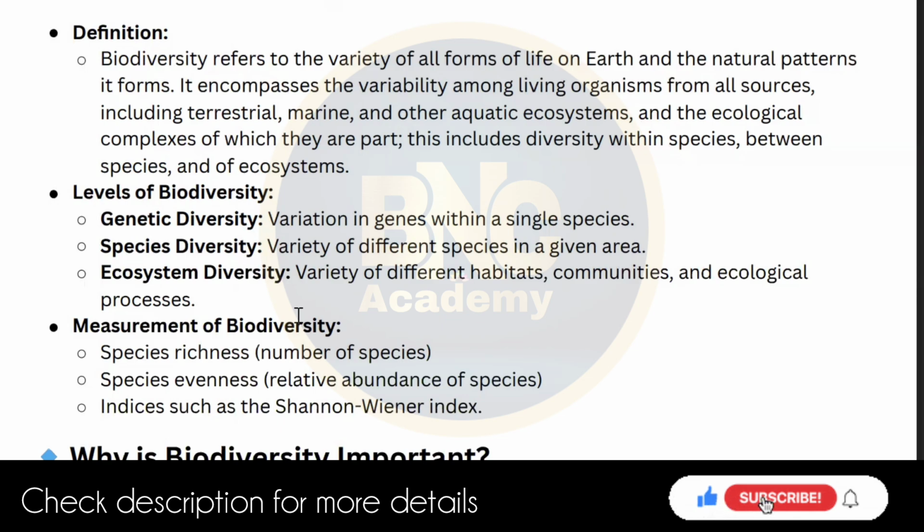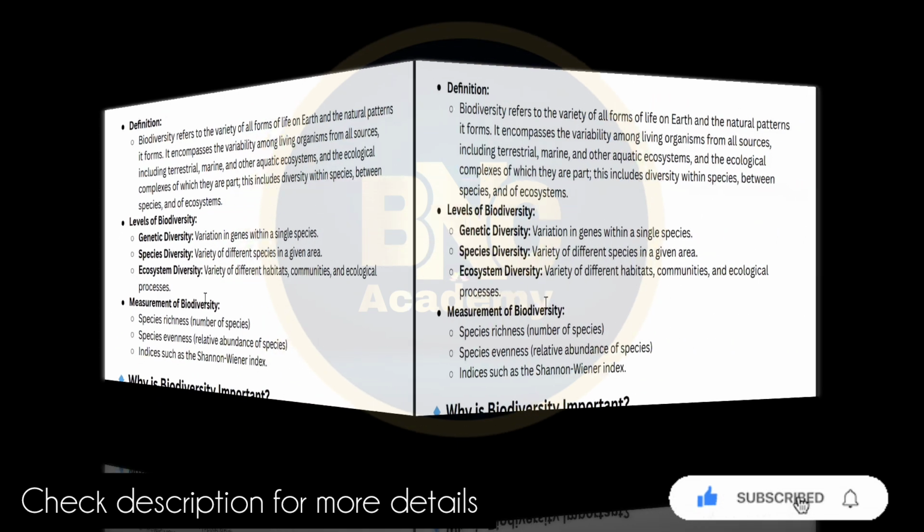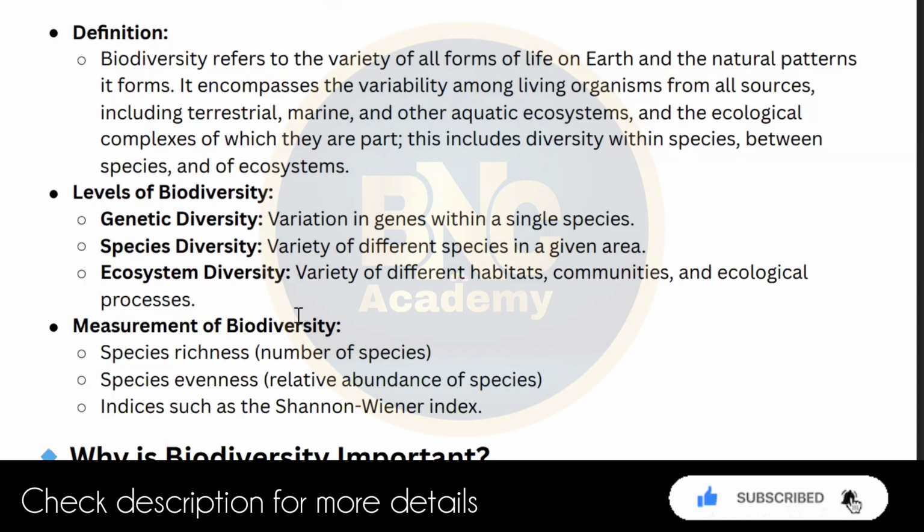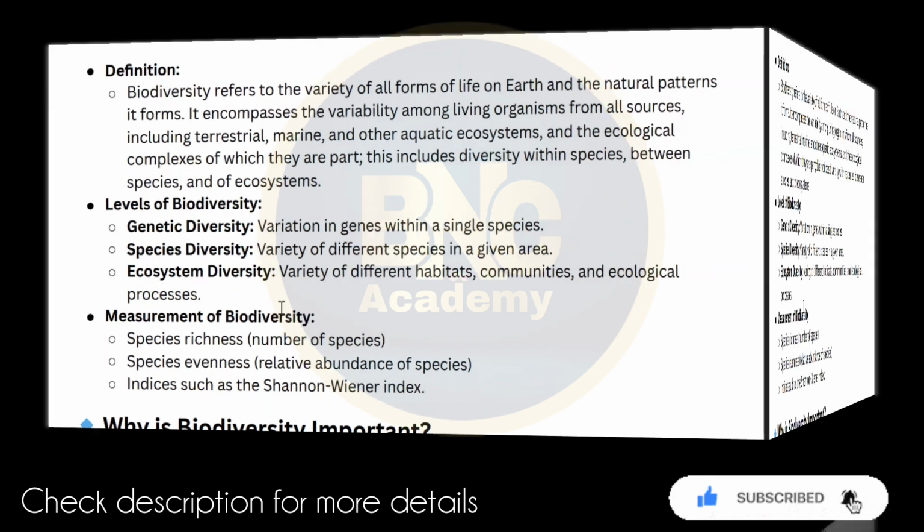Each species plays a unique role in its ecosystem. Some are predators, others are prey, and still others are decomposers. The loss of even one species can have cascading effects on the entire ecosystem.